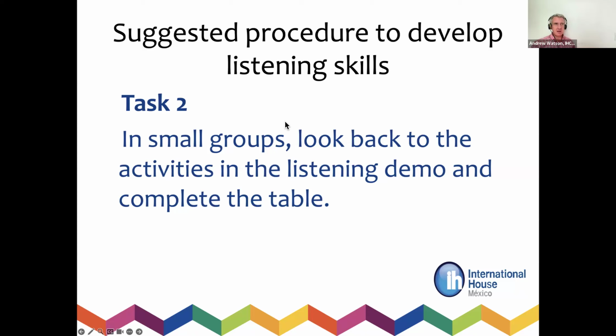Is it listening for detail? Is it listening for gist? Is it listening for specific information? Yeah, listening for specific information. No, it's not. Not really. What's the first one we do? Let's have a look at the lesson again. I'll get this up.